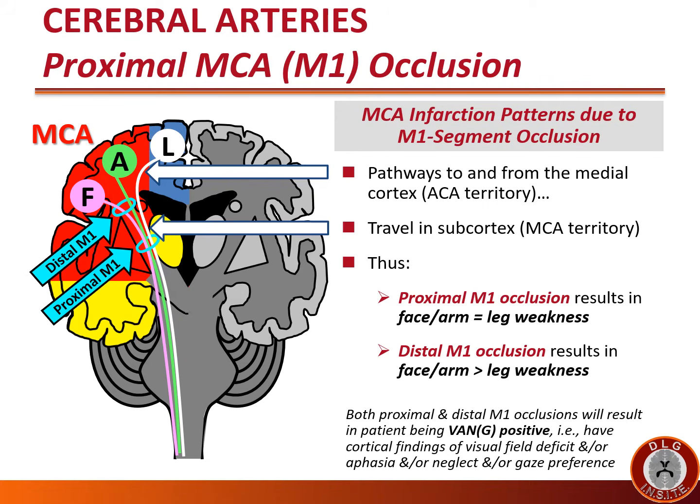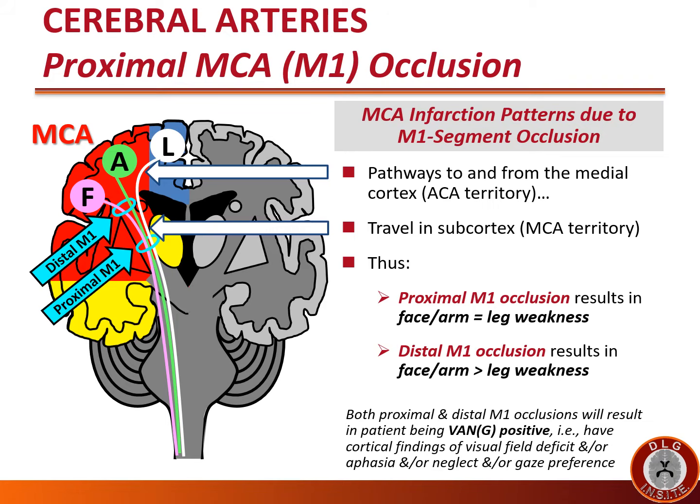If one looks more closely at this, a proximal M1 occlusion, in other words, an occlusion at the very beginning of the middle cerebral artery's first segment, the M1 segment, will result in face, arm, and leg weakness equally because you are proximal enough to get the internal capsule.